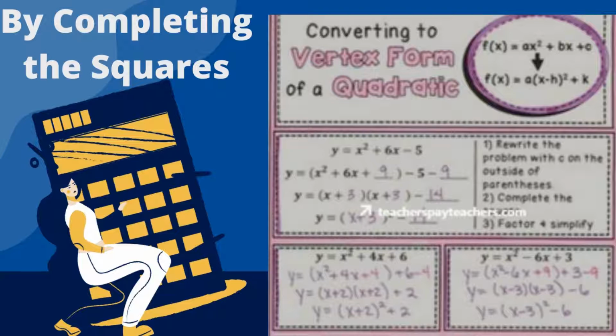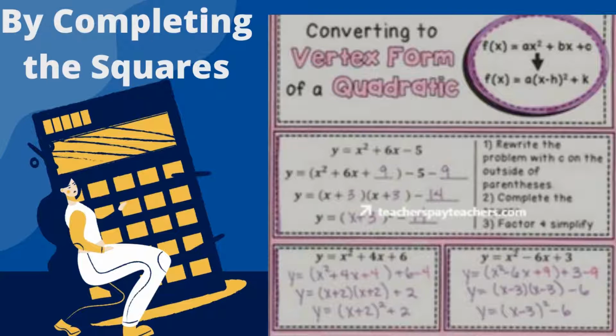Converting the quadratic to the vertex form, of course, you have here these steps. Number 1, rewrite the problem with c on the outside of the parentheses. Number 2, complete the square. And number 3, factor and then simplify. So let's have the example here.